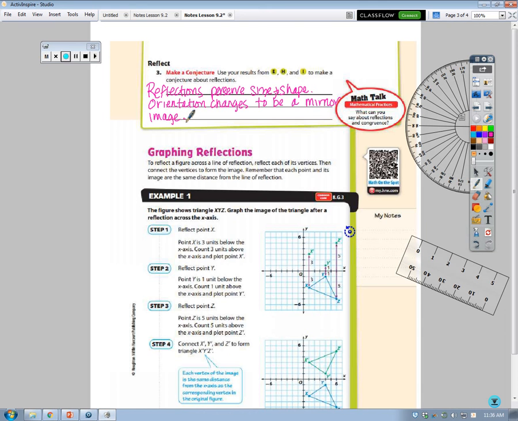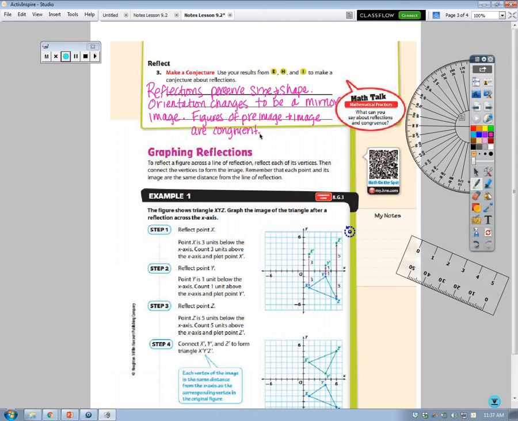So we can say that the figures of pre-image and image are congruent, because that is just size and shape, not orientation. So size and shape the same, congruent. Orientation is a mirror image, it is flipped.